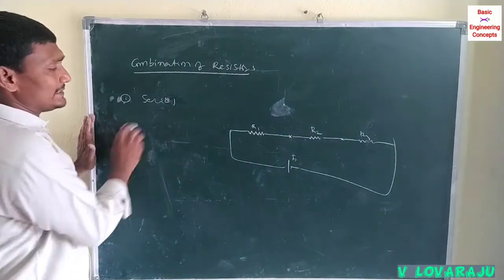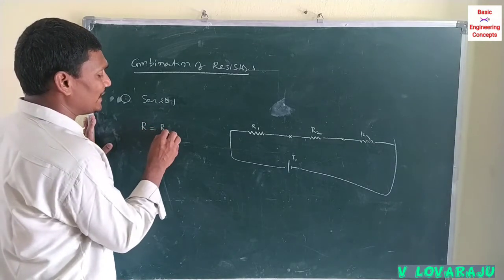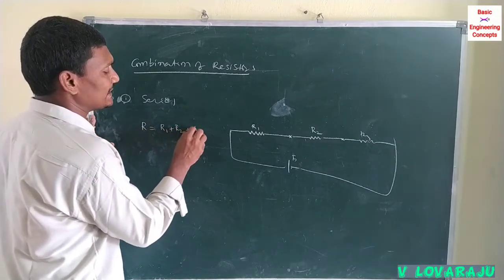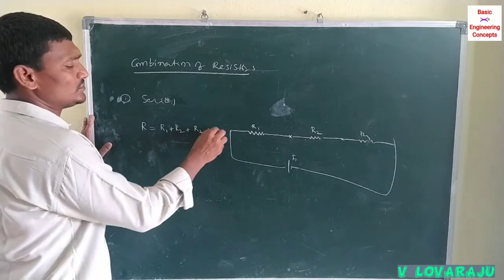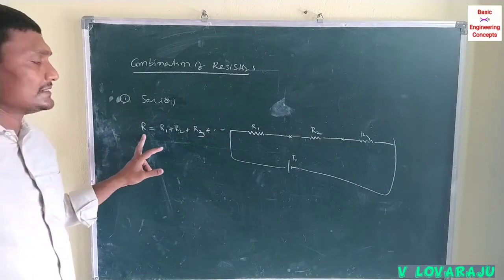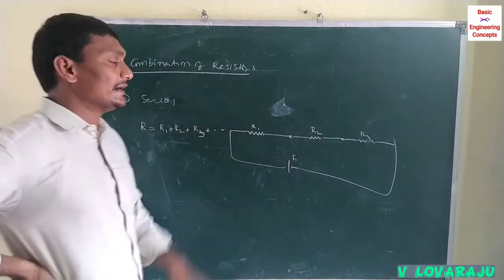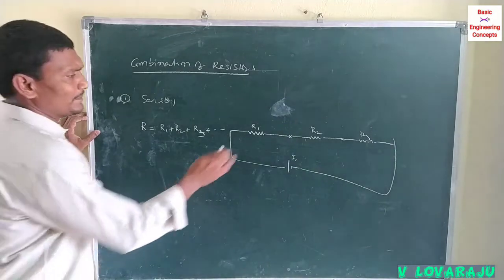The effective resistance in a series combination is always equal to the sum of the individual resistances connected in the circuit. Let's take a simple problem.